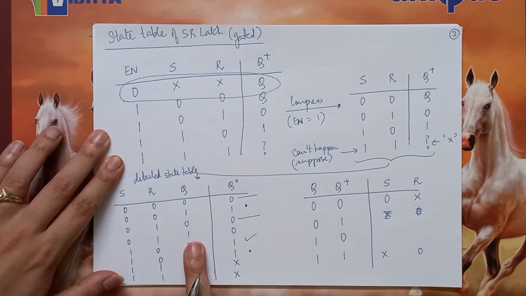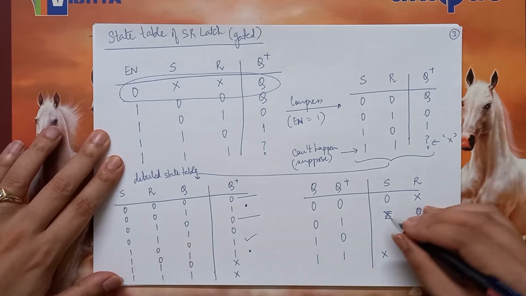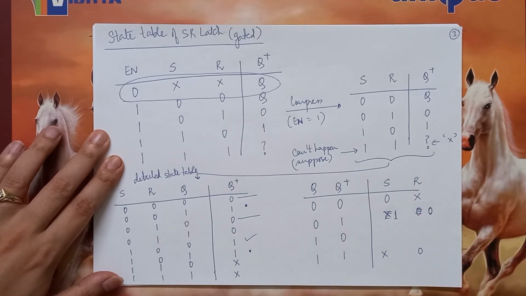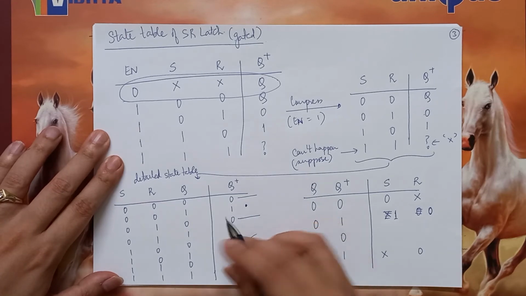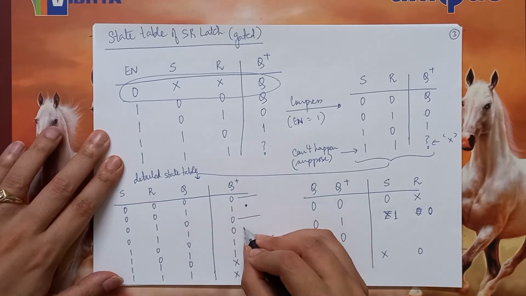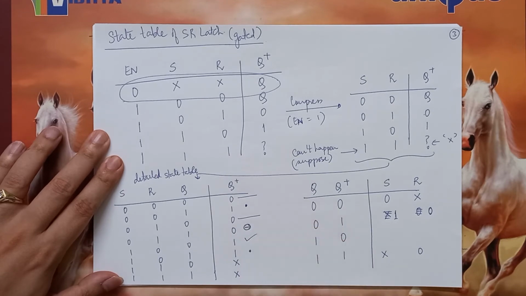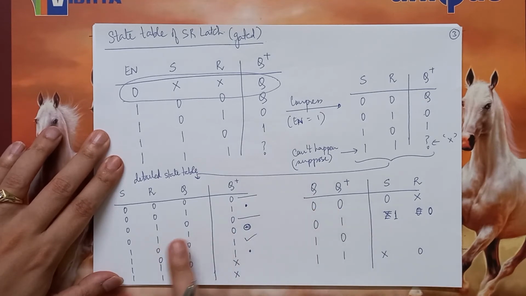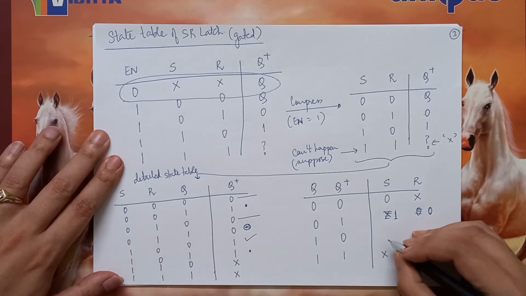And for that, S and R are 1 and 0. For q and q plus as 1 and 0, this is the only case when it happens. So for here, q is 1, q plus is 0. So for that, S is 0, R is 1.